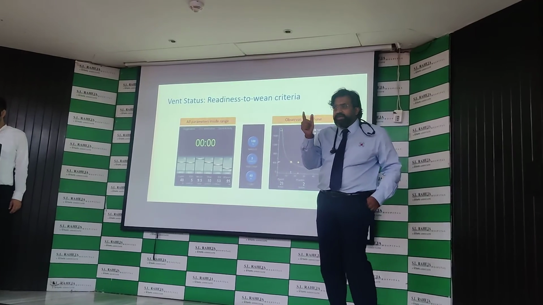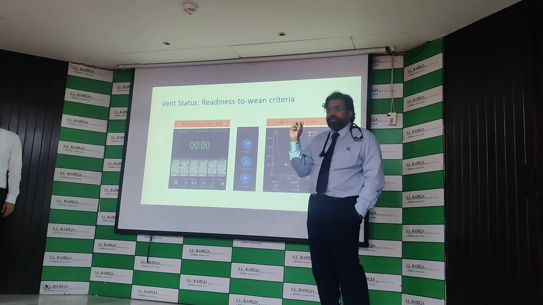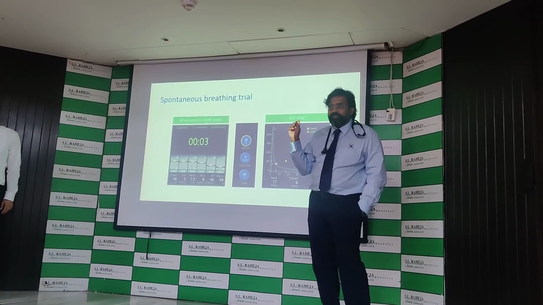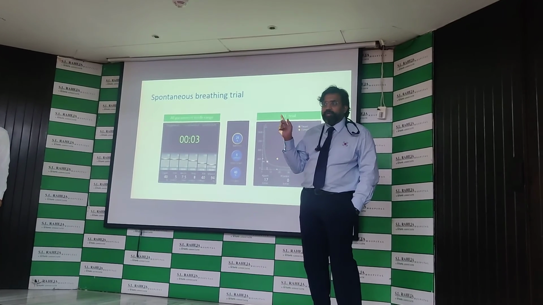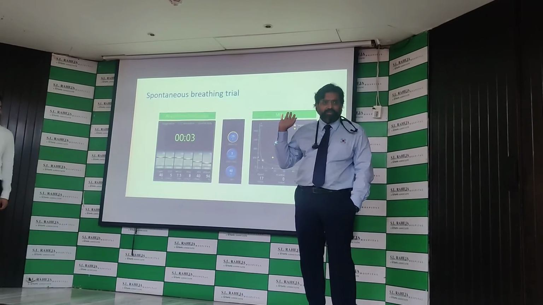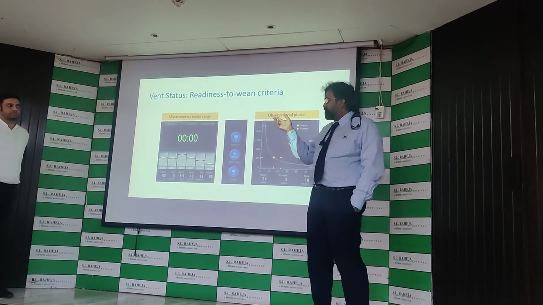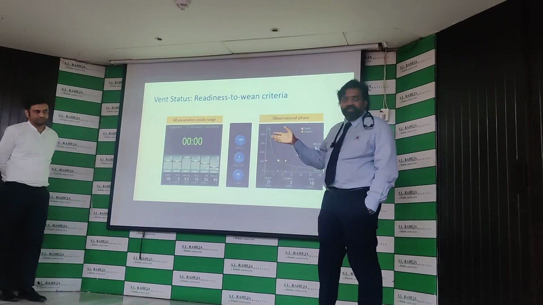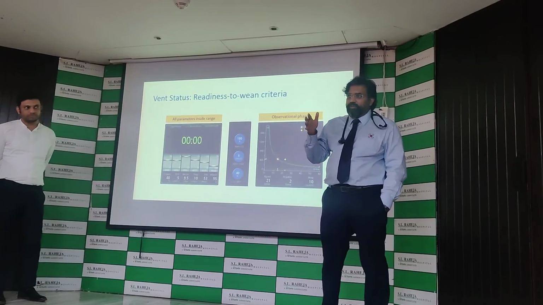What else you can understand is by looking at the respiratory time constant there. The RC expiratory is a number that comes in the monitoring. So you see the RC expiratory, and you will understand what is happening.